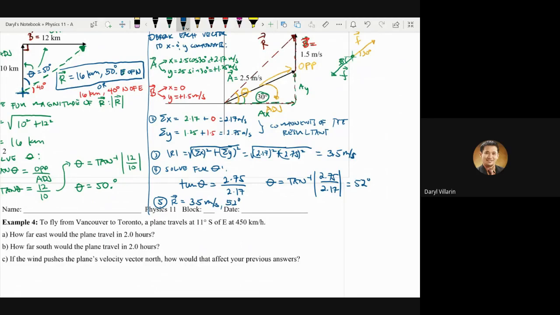That's in the first quadrant, and the reference is east, so that would be north of east. So the final answer is this one here. It might be long, but again, you can employ the same strategy in solving even 100 vectors added.